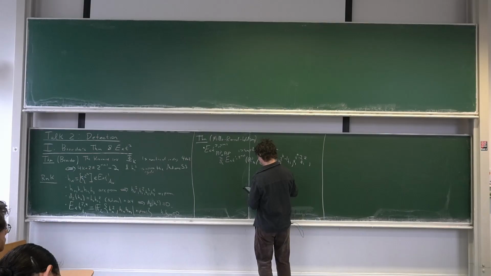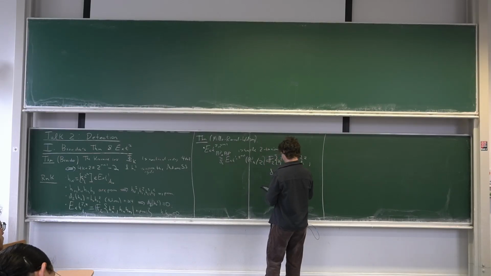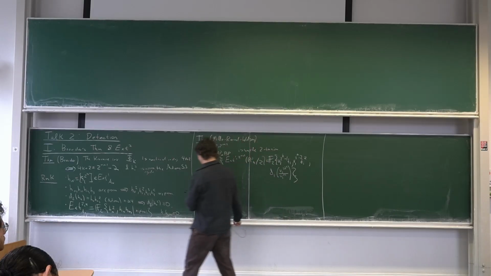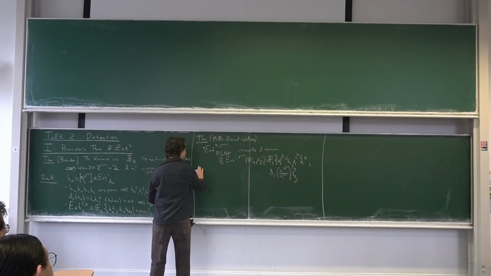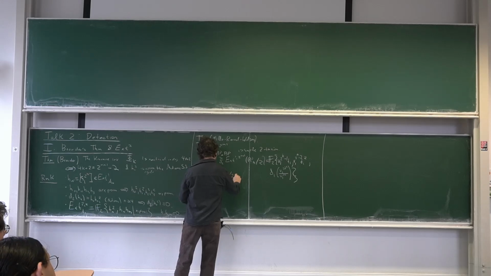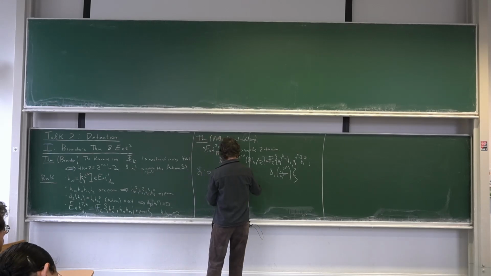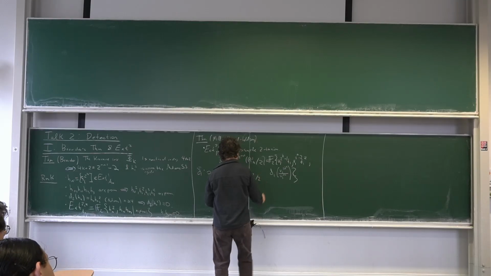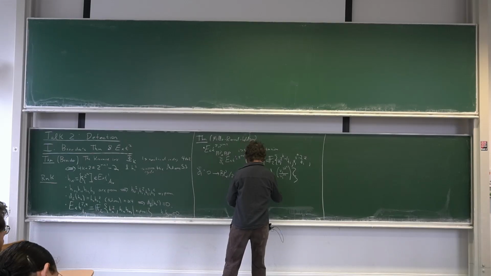Okay, so I'm introducing another boundary map that I'll define in a second. Let me first say what this partial 1 is. This is an analog of what we saw last week.